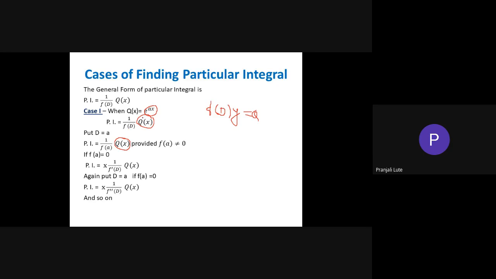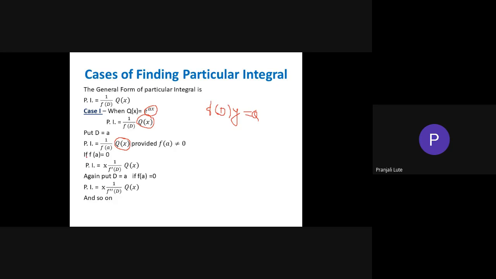So replace d by a, after replacing d by a, provided that the denominator will not be equal to zero. इट इज द कंपल्सरी कंडीशन है कि डिनोमिनेटर आपका नॉट इक्वल्स टू जीरो होना चाहिए after replacing d by a.